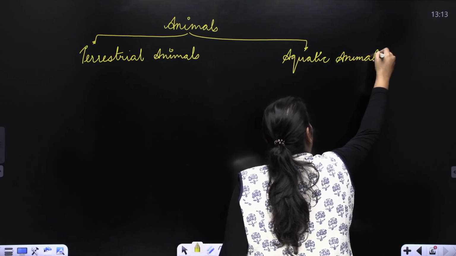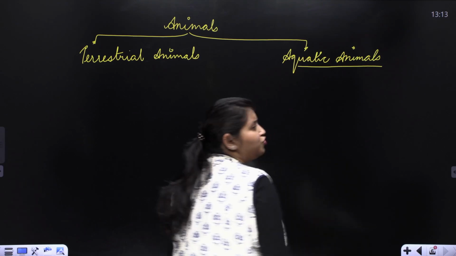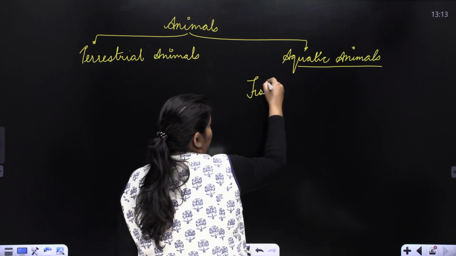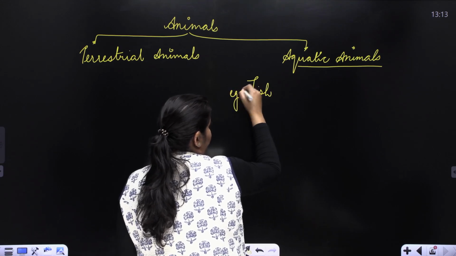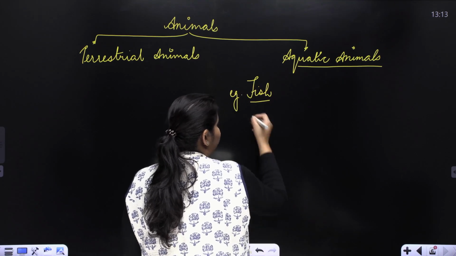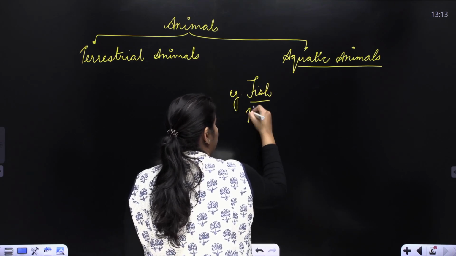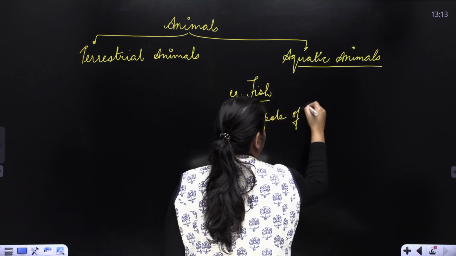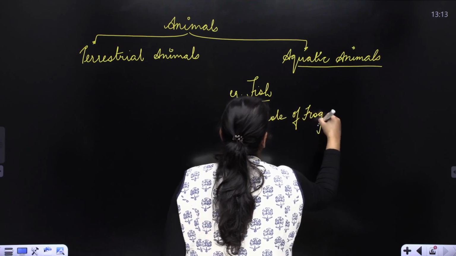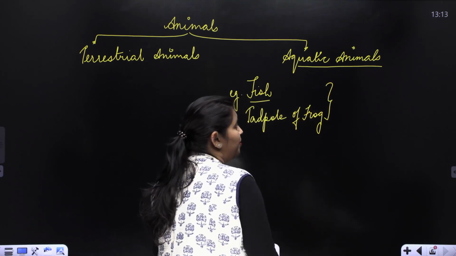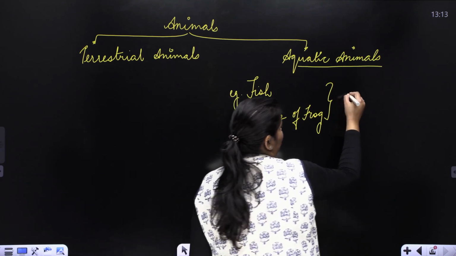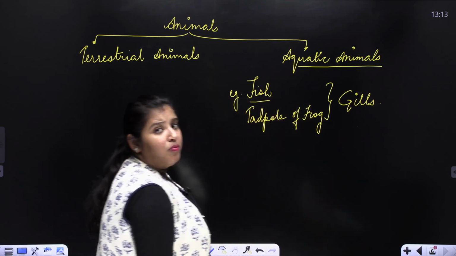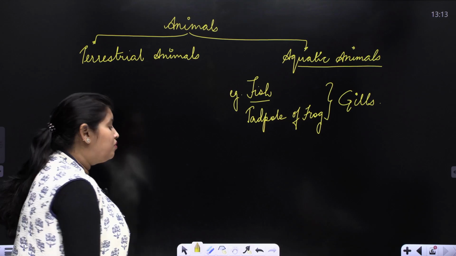When I say the aquatic animals, it usually includes fish. Example is fish. Another example is the tadpole of frog. Both these organisms breathe through gills.